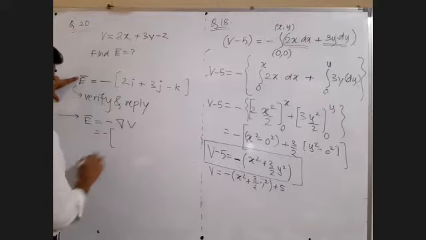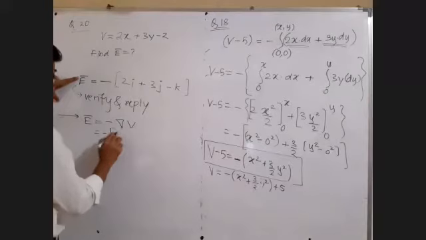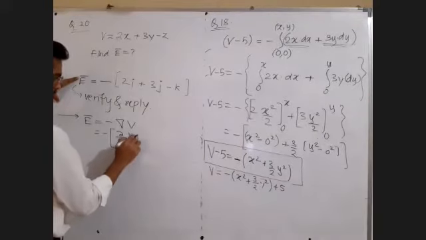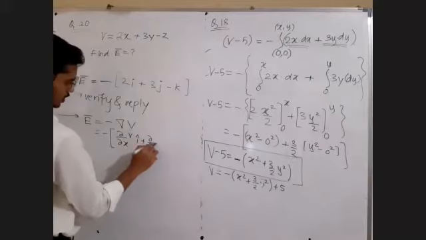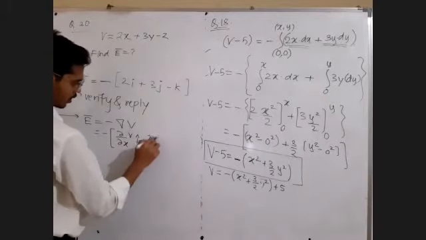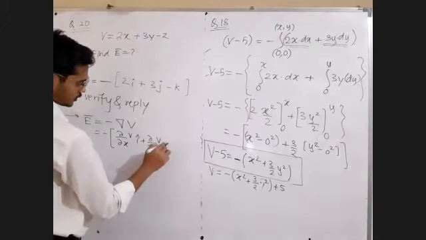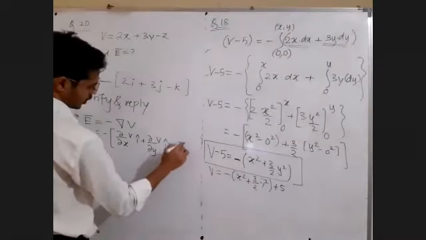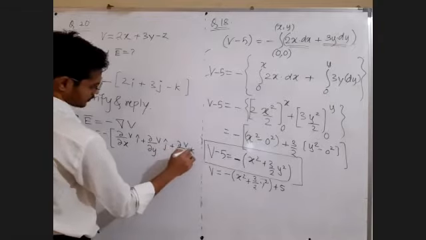Negative sign as it is, gradient of potential: dou by dou x of V into i cap, plus dou by dou y of V into j cap, plus dou by dou z of V into k cap.